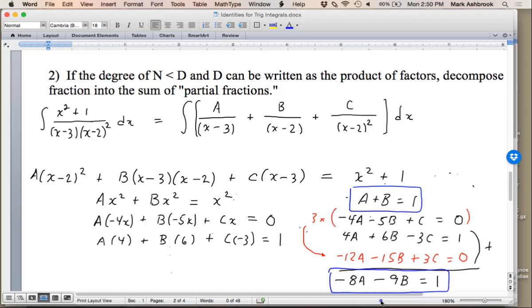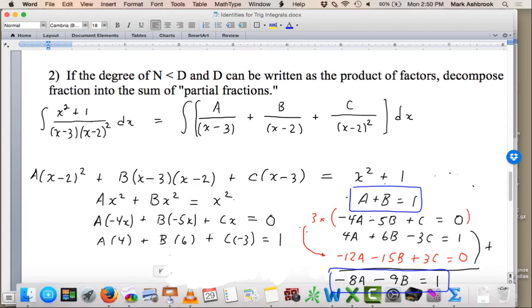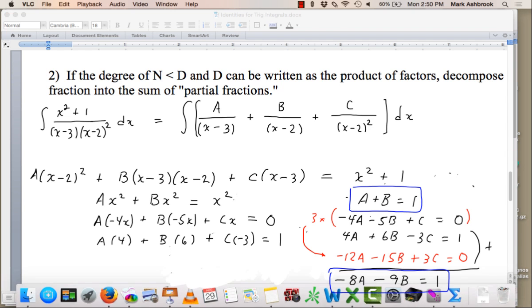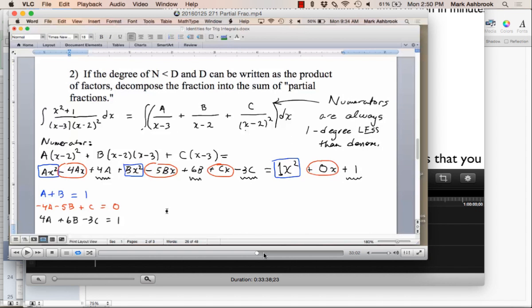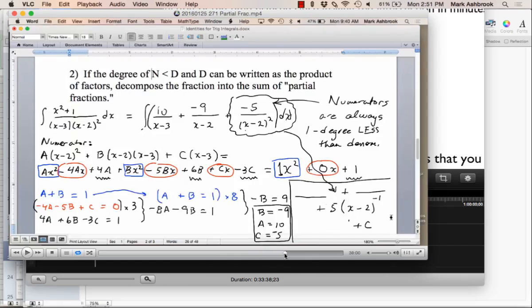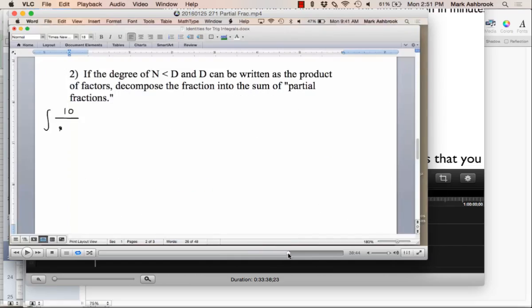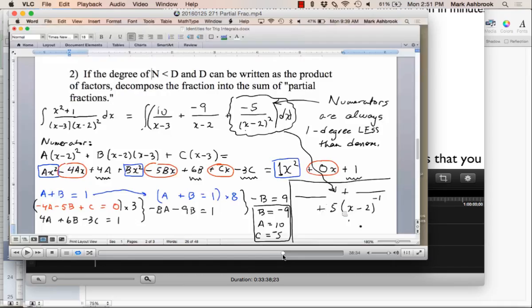So just for time's sake, I've done this problem before, so let's look it up. So what we get is a equals 10. You can do this on your own time. Verify it. A equals 10, b equals negative 9, and c equals negative 5.